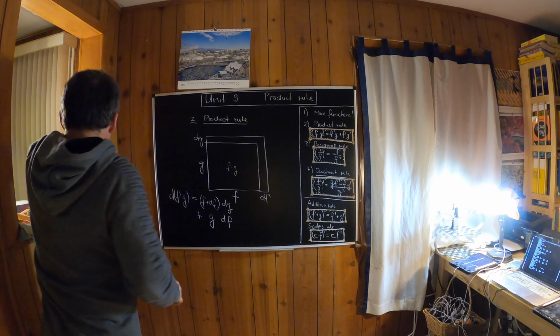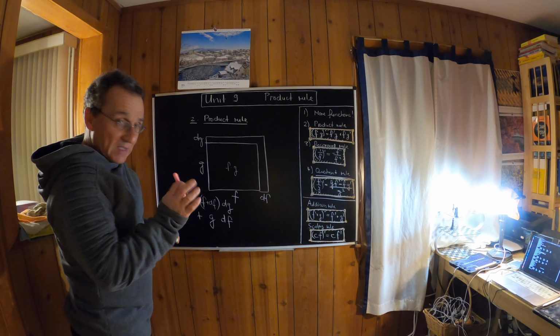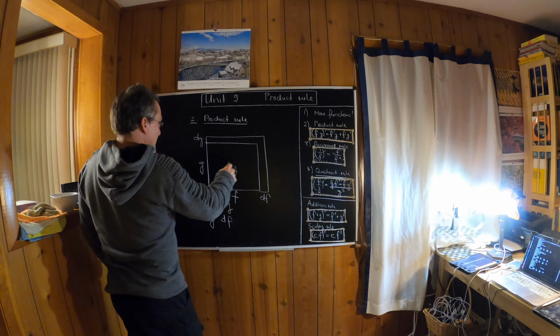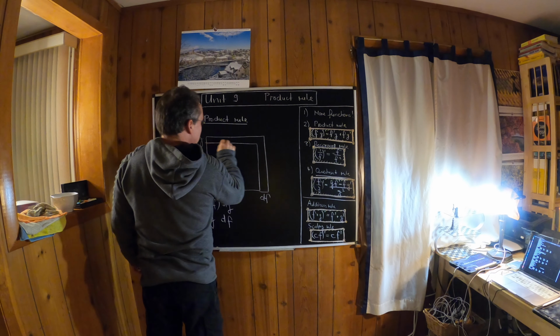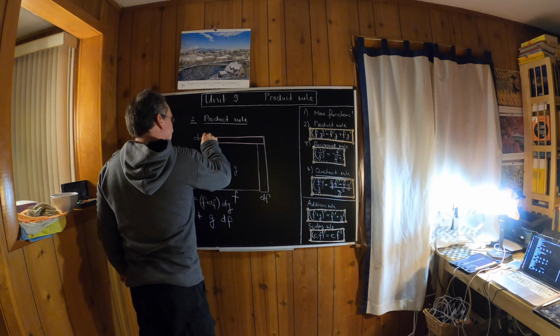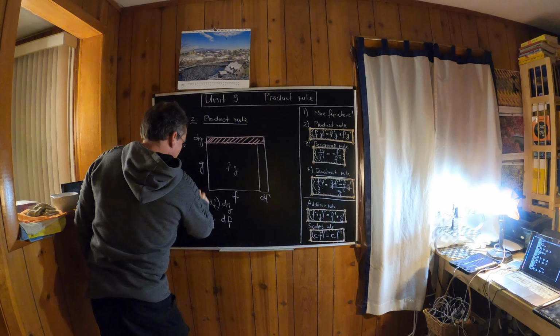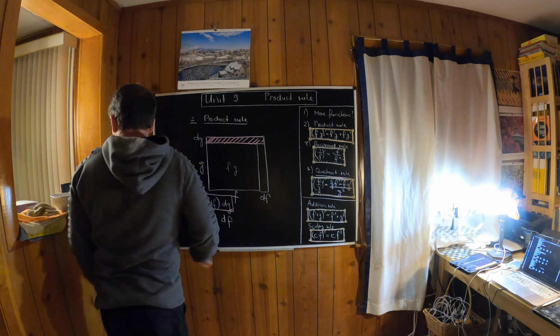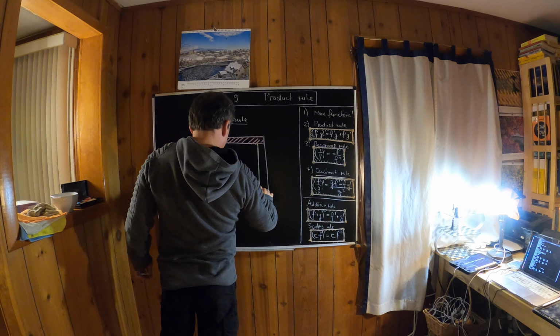So this is an exact identity. I will write down the identity again in a second. So what we have is f plus df times dg, that's this part here. And then we have another part here which is g times df.